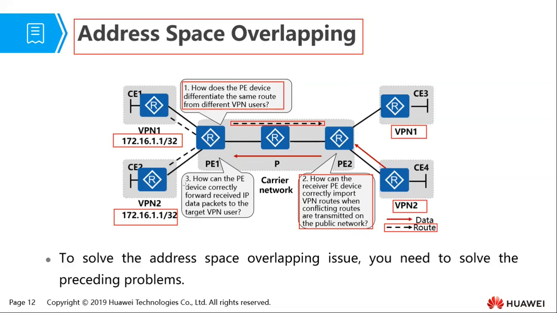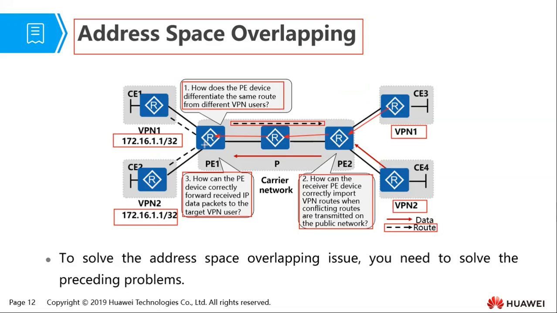Then the last problem that we have to answer is this one here. How can the PE device correctly forward received IP data packets to the target VPN user? For example, we've done a ping to 172.16.1.1, and the ping will be sent to PE1.